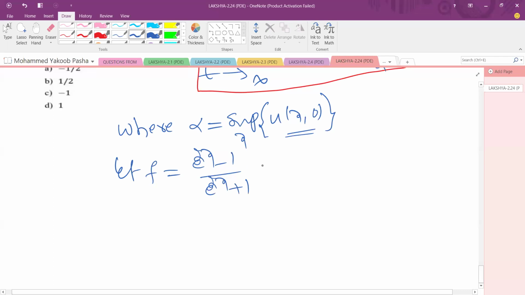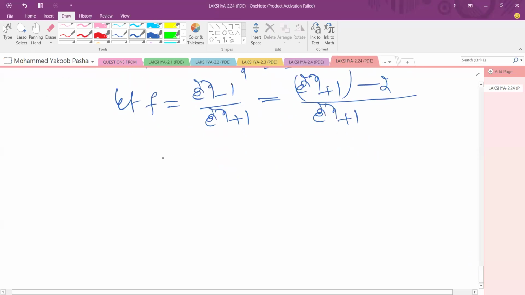This can be written as e power 2x plus 1 minus 2 divided by e power 2x plus 1. That is, the first term is 1, and minus 2 by e power 2x plus 1. This is my f value.